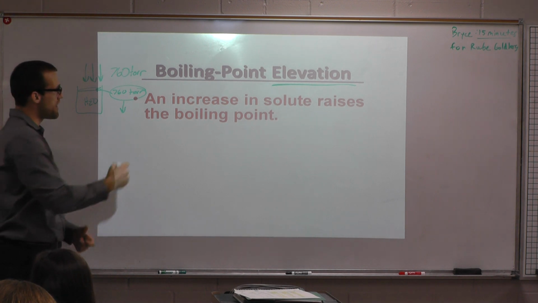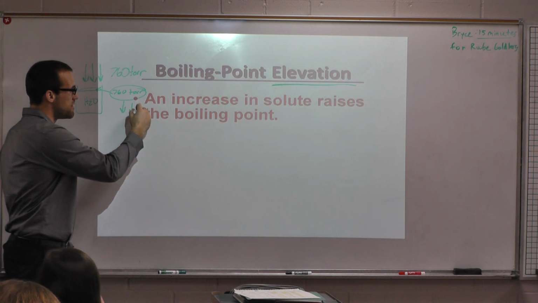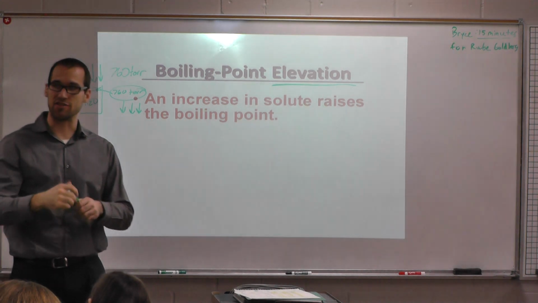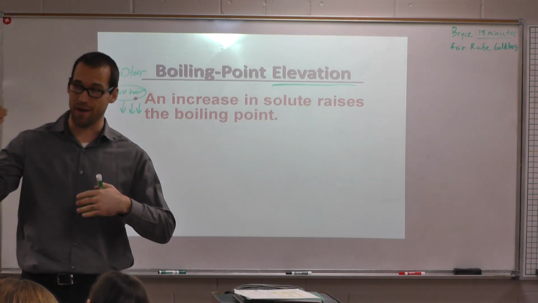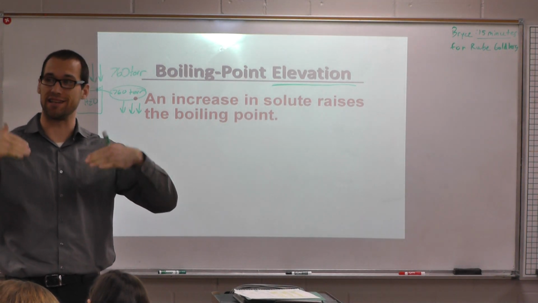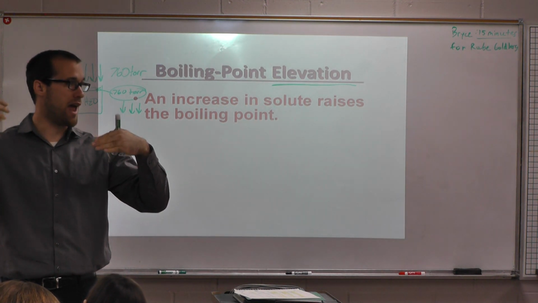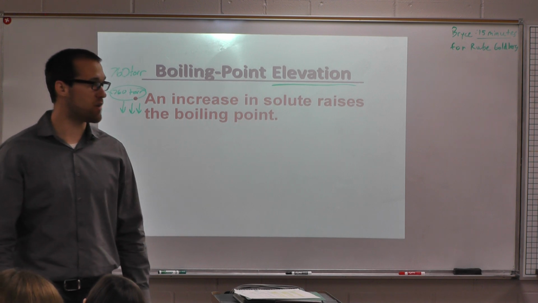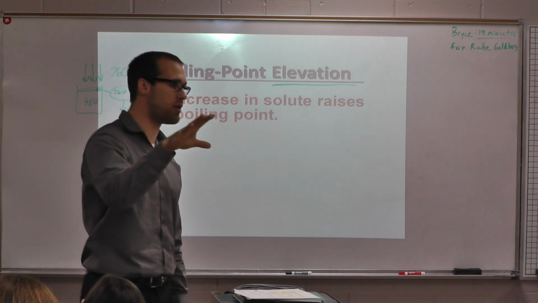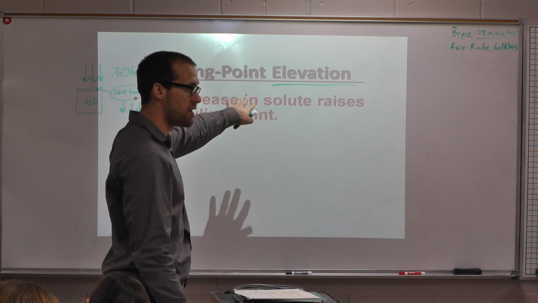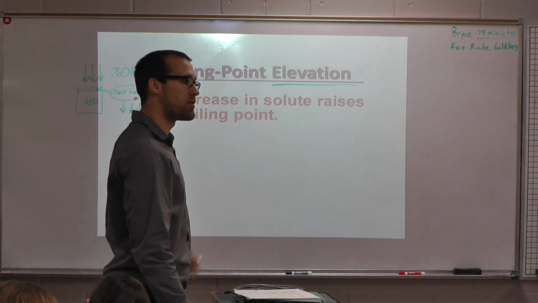It makes the vapor pressure go down. If the vapor pressure goes down, it's going to take a higher temperature or more energy to get it to equal the atmospheric pressure, therefore having a higher boiling point. So a solution will always have a higher, or elevated, boiling point than a pure solvent would.